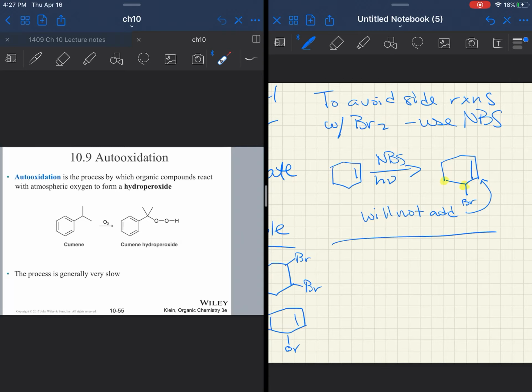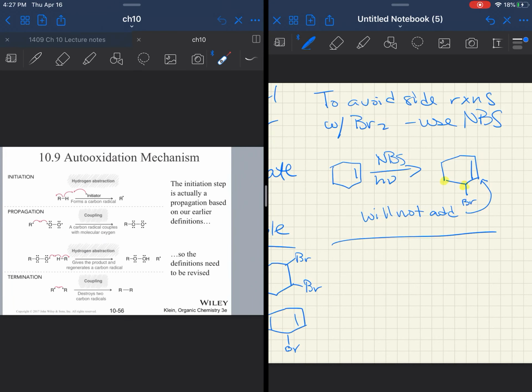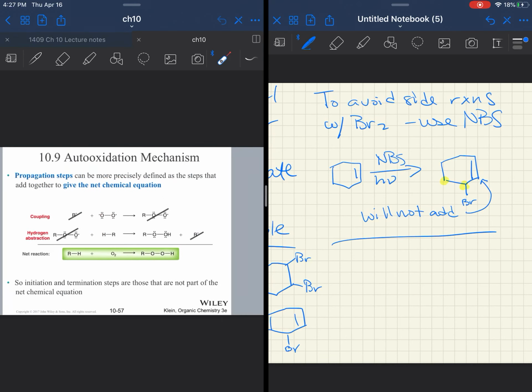Okay, so we're going to take just a brief moment to talk about autooxidation. This is just important if you're ever working in a lab. If you have something called peroxides around, there are certain kinds of compounds that can oxidize, react with O2, and you do not need to know this mechanism here.